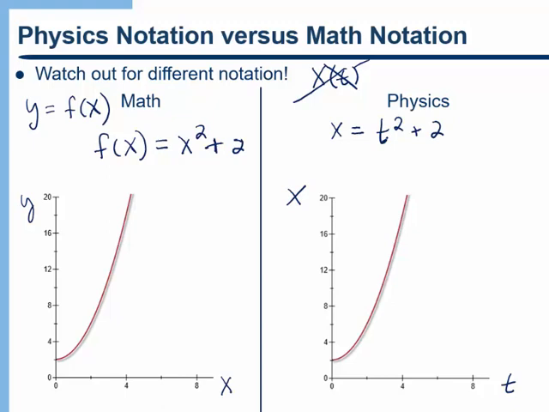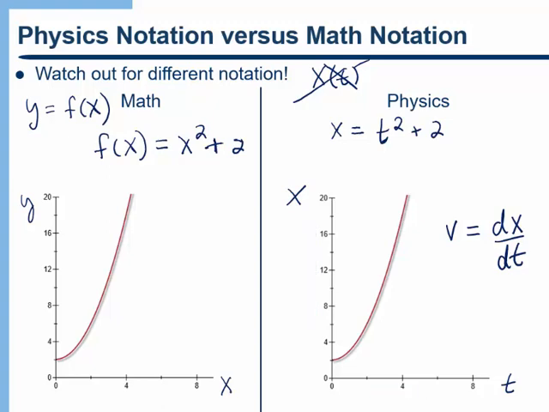So, because we're plotting x versus t, the derivative of this function, which is the instantaneous velocity, would be dx dt. Because remember, fundamentally the derivative is just related to the slope. So it's rise over run, or change in this value versus change in this value.